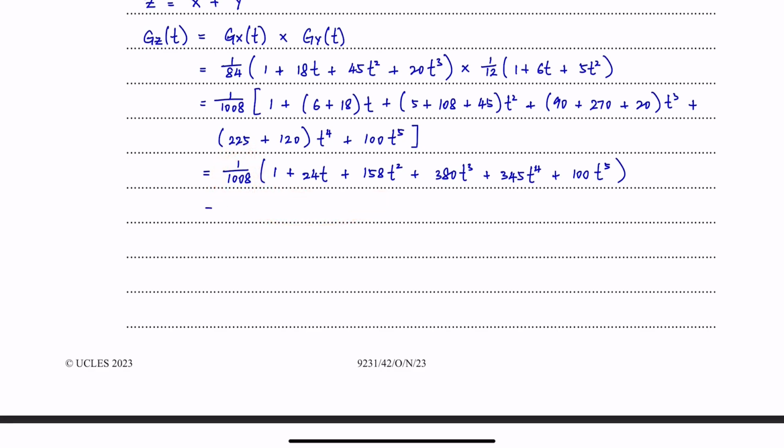Alright? So we have 1 over 1008 plus 1 over 42t plus 79 over 504t squared plus 95 over 252t cubed plus 115 over 336t to the 4 plus 25 over 252t to the 5.